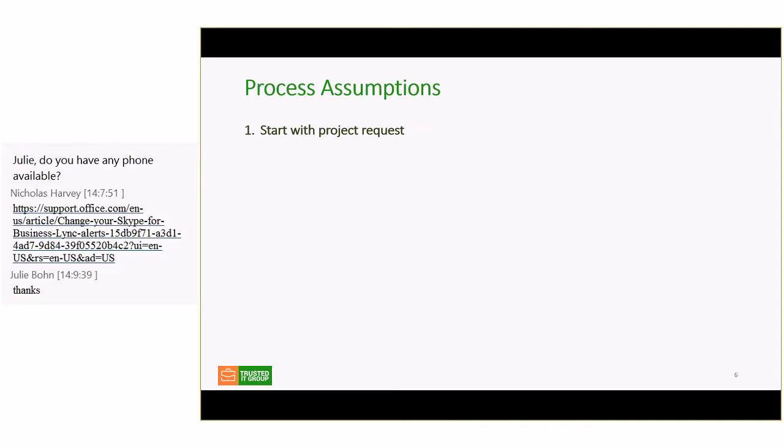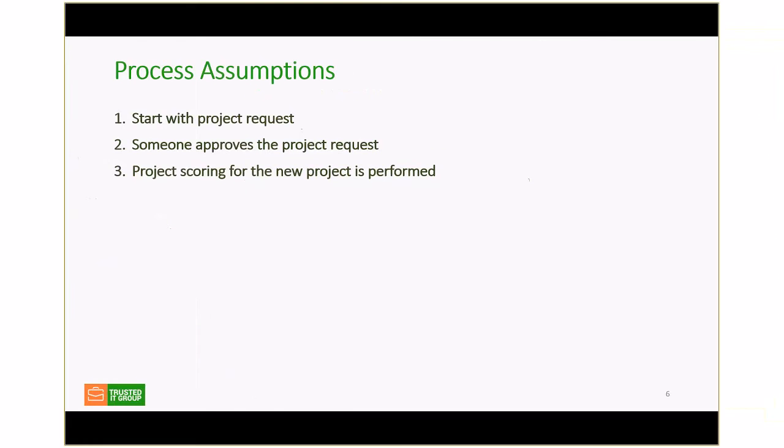Somebody will request a project. After that, someone's going to have to approve the project request. Once the project request has been approved, you're going to have to do some sort of project scoring on this new project.